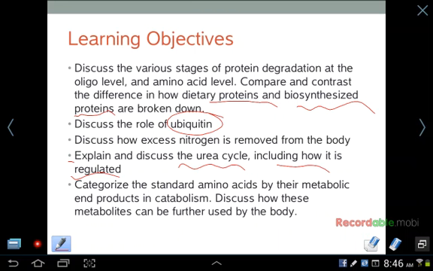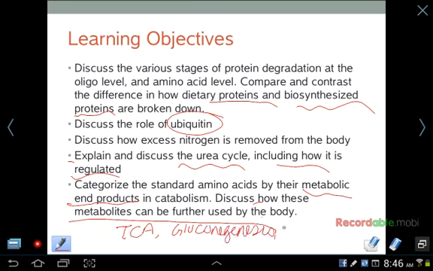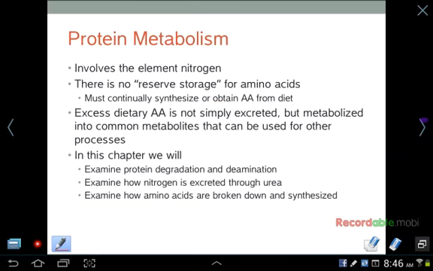However, for this, you just need to be able to categorize the amino acids by their metabolic end products, and then discuss how these metabolites are further used by the body, either through the citric acid cycle, gluconeogenesis, or fatty acid synthesis. Okay? So, with that in mind, let's get started.